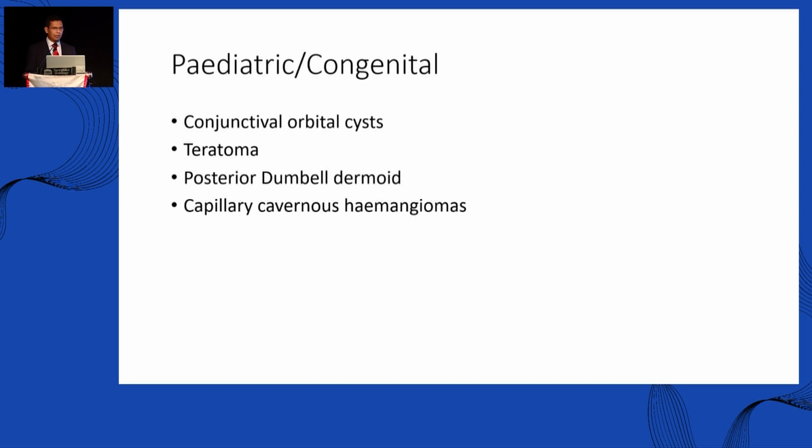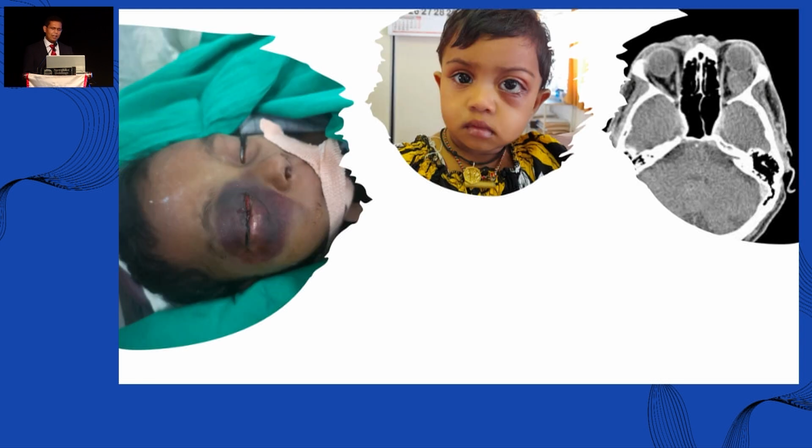So first you think of secondaries in children like neuroblastomas, Ewing sarcomas, but of course it can be some congenital ones as well, which sometimes present a little late. So always keep this at the back of your mind, what is happening. You might be right, you might not be right.